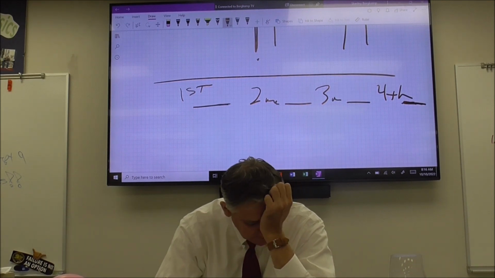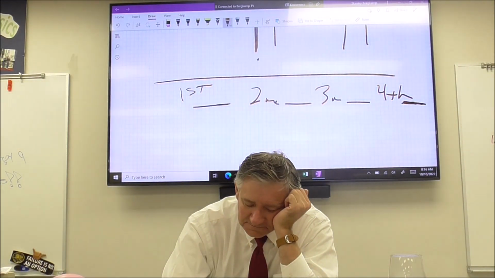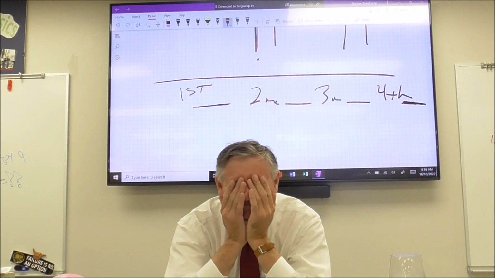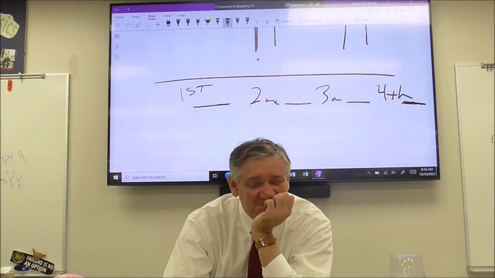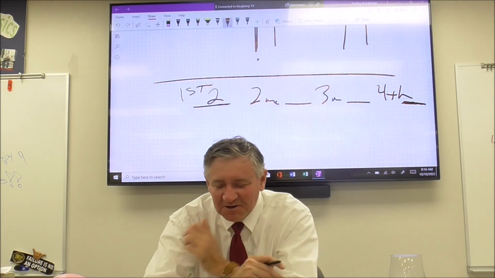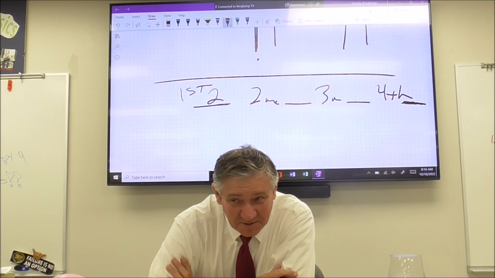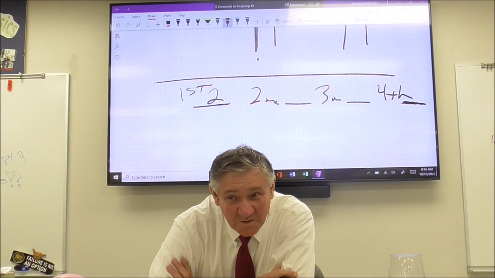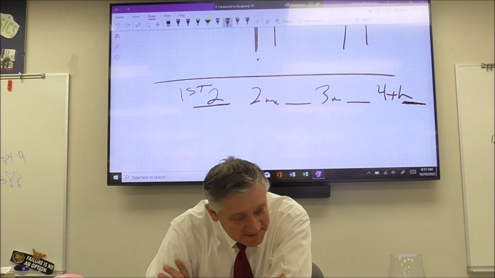How many electrons can I fit in the first energy level? 2. Why 2? Because any orbital can hold 2 at the most, and the s sublevel only has 2 electrons because it only has 1 orbital.